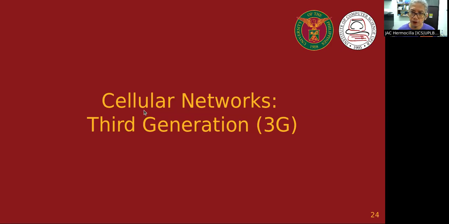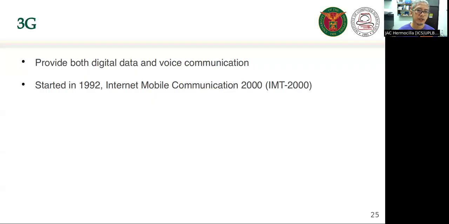The next generation of cellular networks is what we call 3G, third generation. The goal of 3G is to provide both digital data and voice communication. Up until 2G, the priority was voice communication and digitized voice communication.